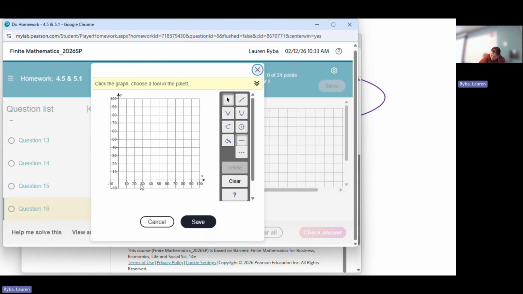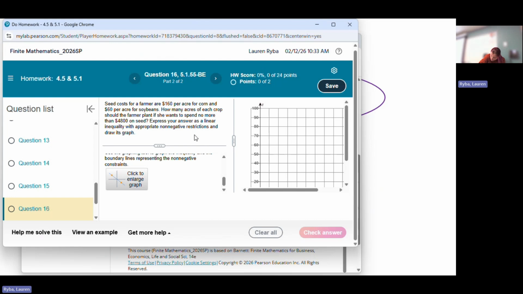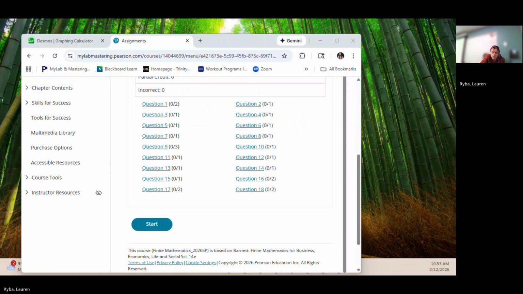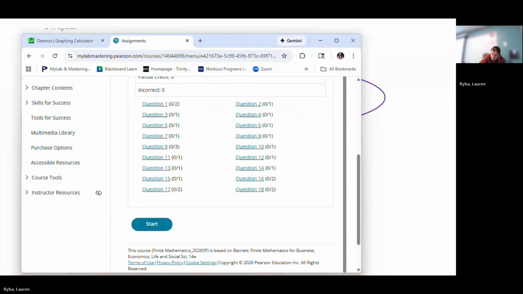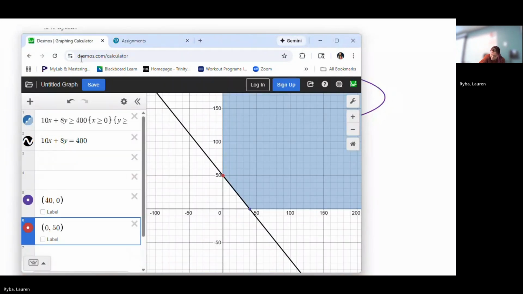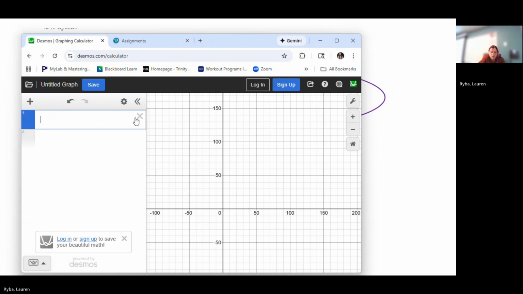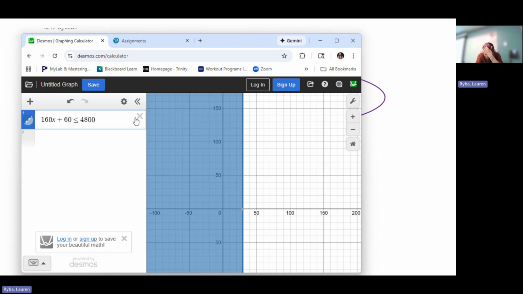All right, so when I go to graph, hold on, I gotta make sure I got the right numbers here. 160, 60, no more than 4,800, right?